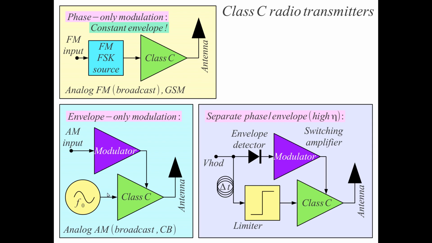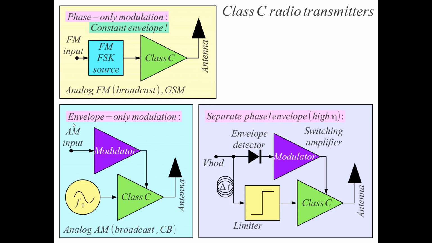The output stage works as a mixer at the same time, and at very high powers this may be very efficient. So all the AM transmitters were designed this way, that you had a modulator and a Class C amplifier. And this modulator was also a power amplifier because it had to modulate the voltage supplied to the output stage.